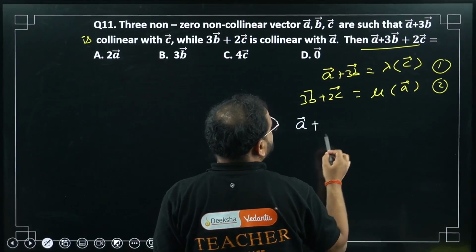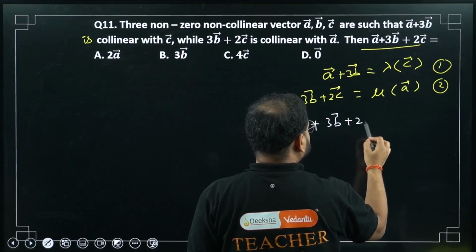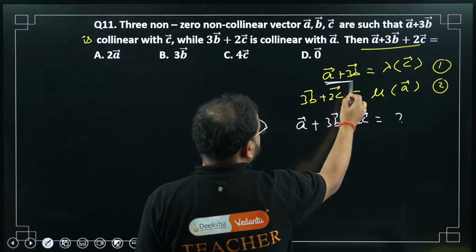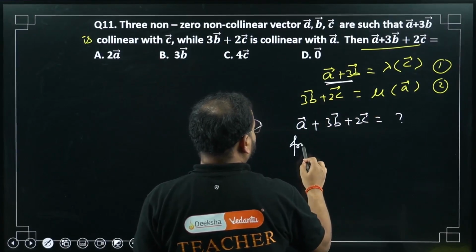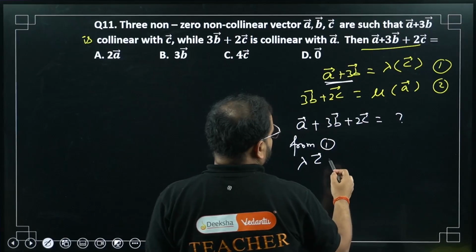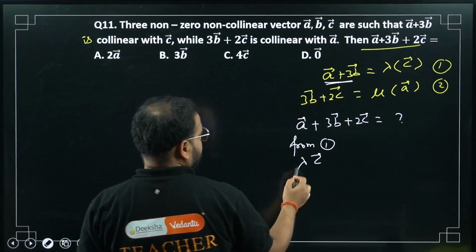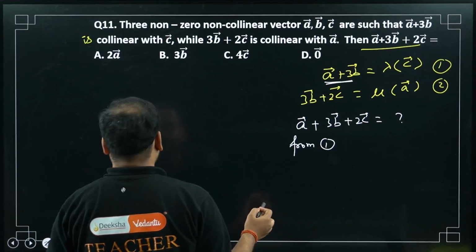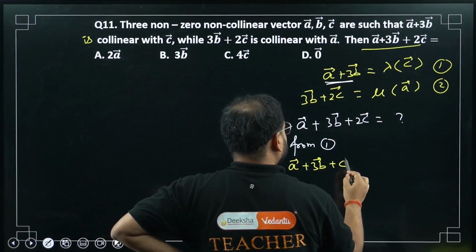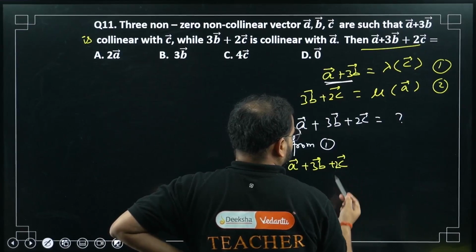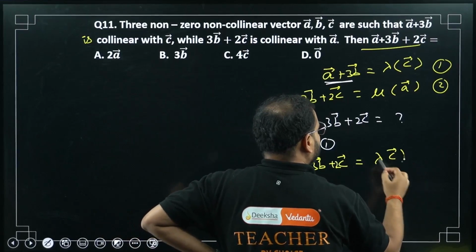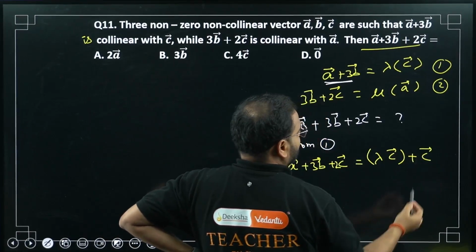A plus 3B I can see from equation 1: it is lambda C. So I can write A plus 3B plus 2C as lambda times C plus 2C.